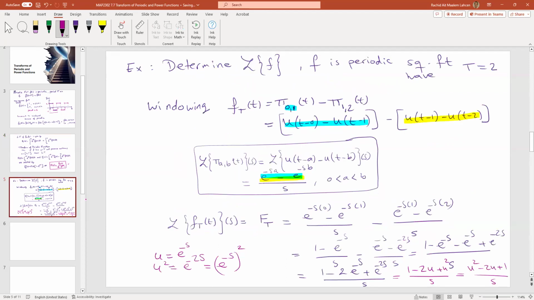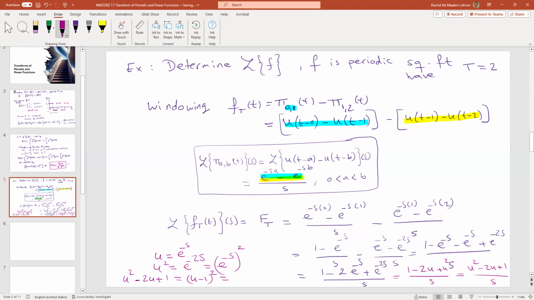Okay, so what is the factoring for u squared minus 2u plus 1? We need two numbers that multiply to 1 and add to negative 2. So that's u minus 1 times u minus 1, which is u minus 1 squared.